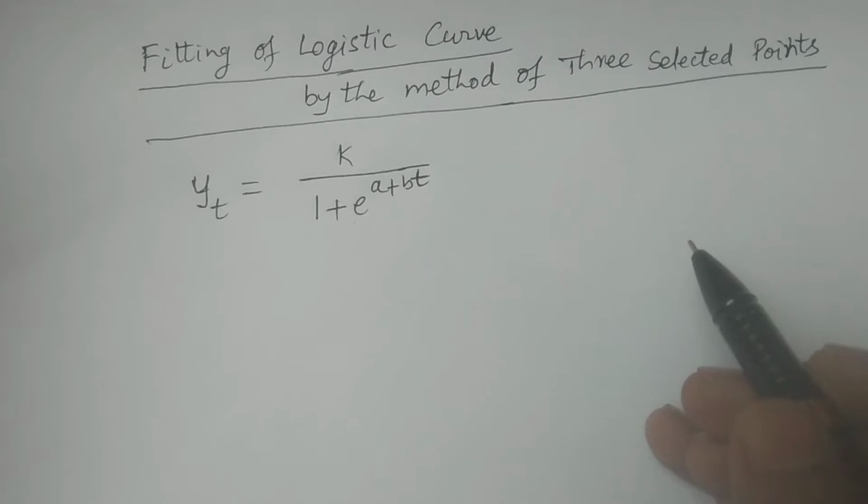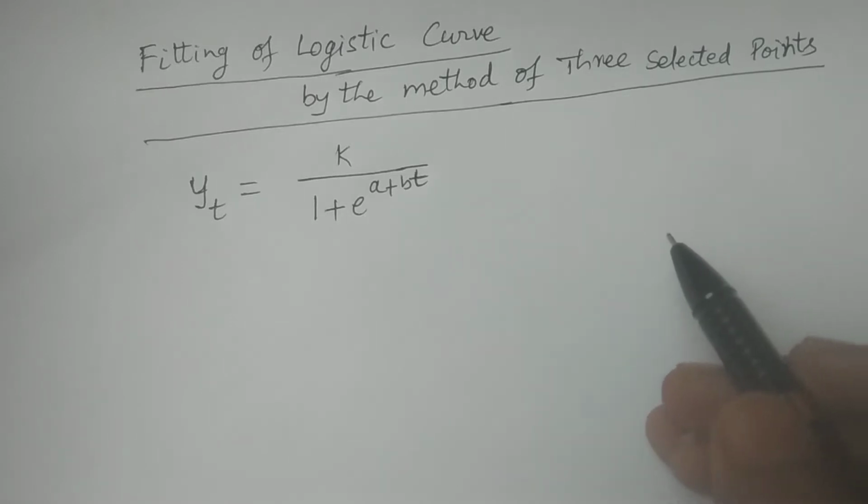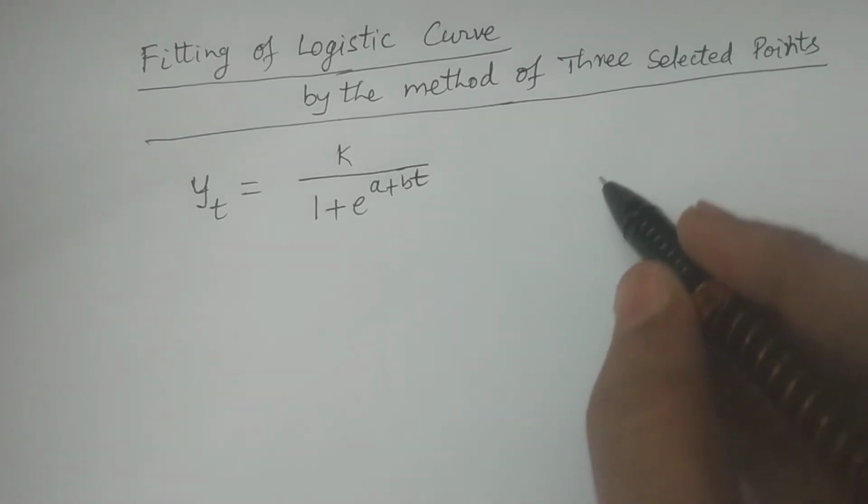As we have already considered in the modified exponential curve, we have to consider three equidistant points.